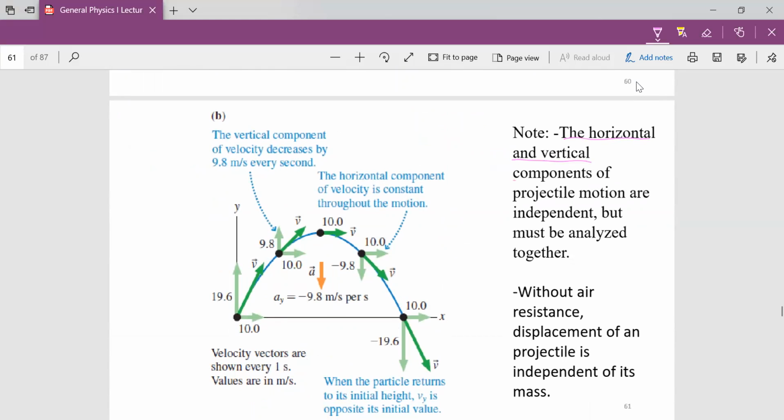The horizontal and the vertical components of a projectile motion are independent, but we analyze them as one motion because we will always need them to solve problems or determine the missing components by applying the kinematic equations for projectile motion, using the kinematic equation of constant acceleration on the vertical and constant velocity on the horizontal.